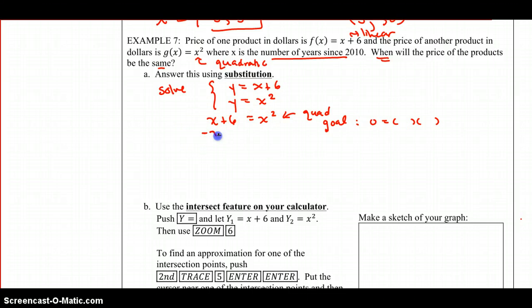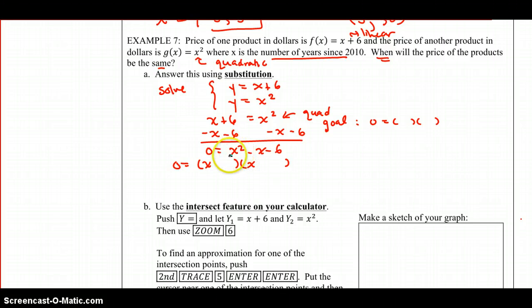So we're going to subtract x and subtract 6 from both sides. So we get 0 equals x squared minus x minus 6. Now we have 0 equals, but now we need factors over here so that we can use our zero factor property. So we're going to factor this.